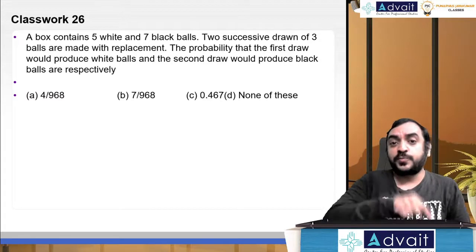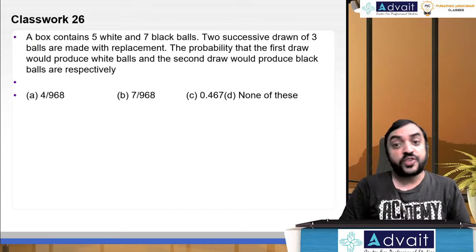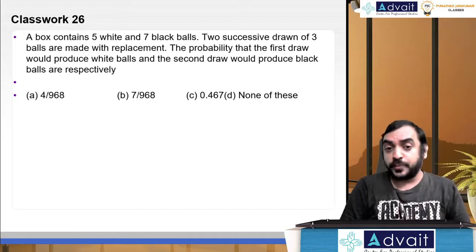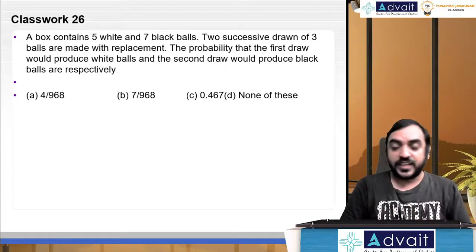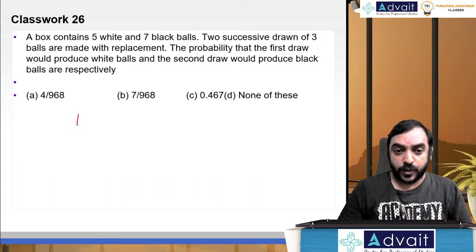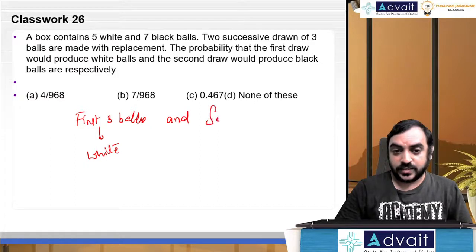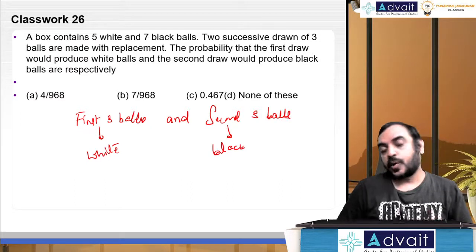So whenever selection is more than one, we use the concept of combinations. The probability that the first draw would produce white balls and the second draw would produce black balls respectively. So first 3 balls should produce white balls and second 3 balls should produce black balls.